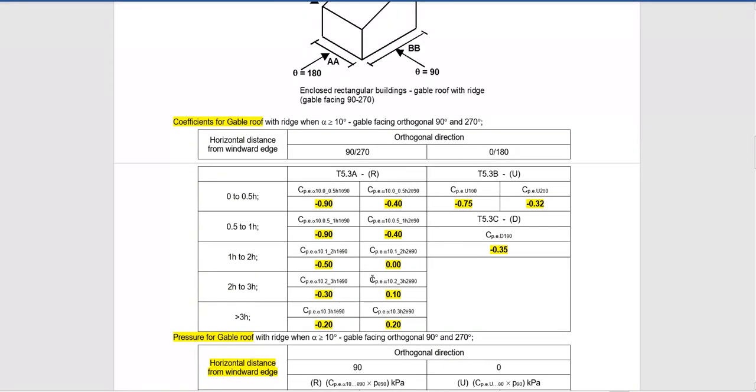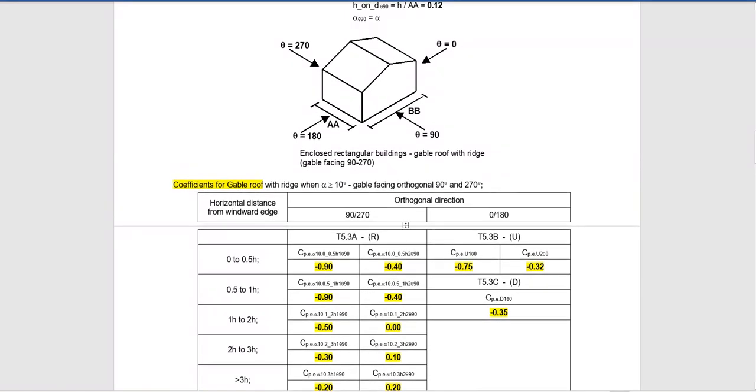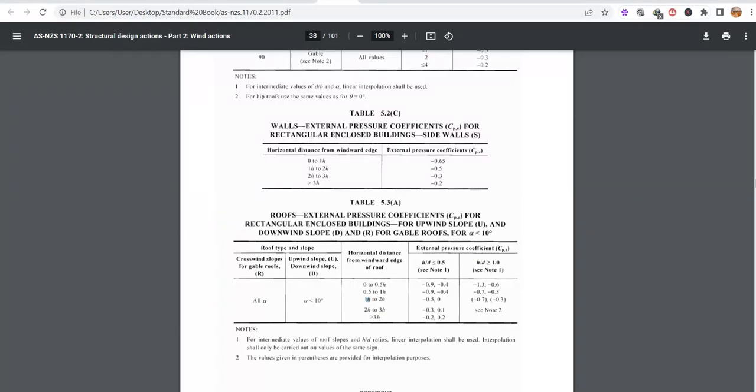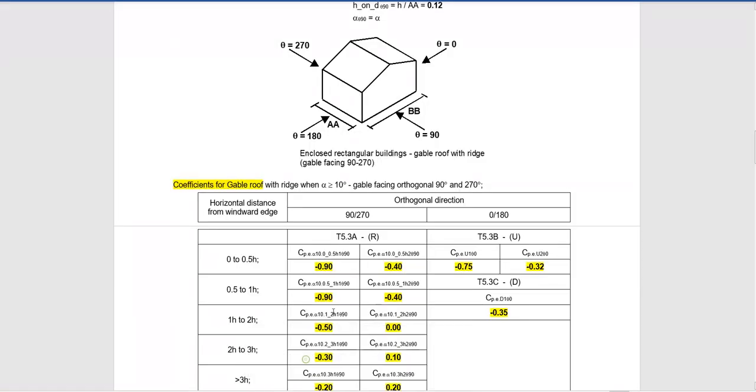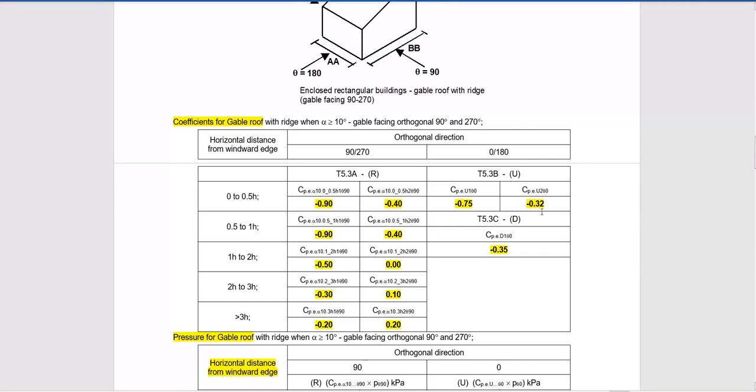All you need to do is see the code and the building dimension, the slope, and then comply everything with the data given in the code book. So for greater than 3h, my CPE for the roof is negative 0.2 and 0.2.